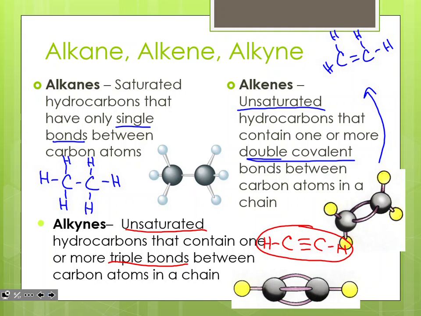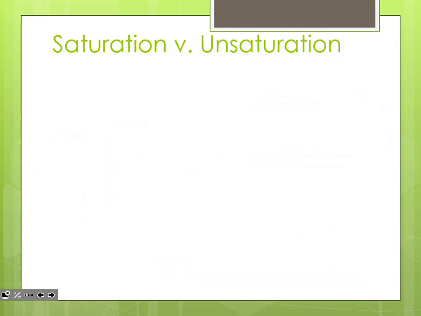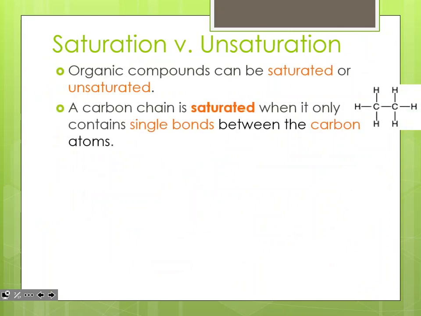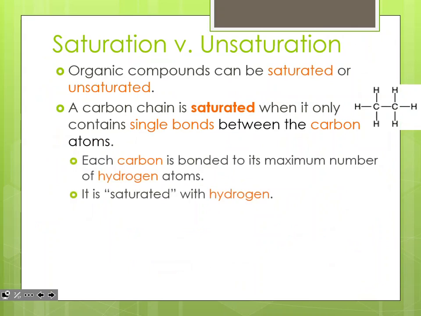So let's continue on. Saturated versus unsaturated. Organic compounds can be saturated or unsaturated. A carbon chain is saturated when it only contains single bonds between the carbon atoms. Each carbon is bonded to its maximum number of hydrogens, and that's why we say it's saturated with hydrogen.